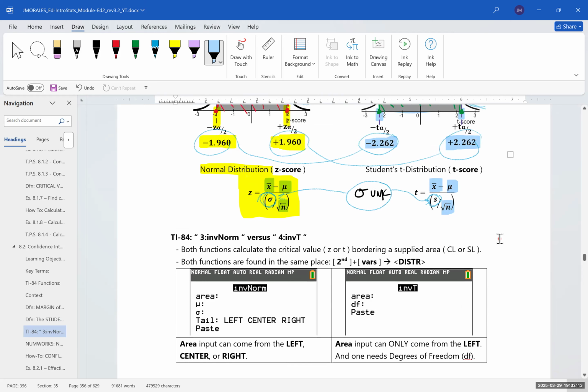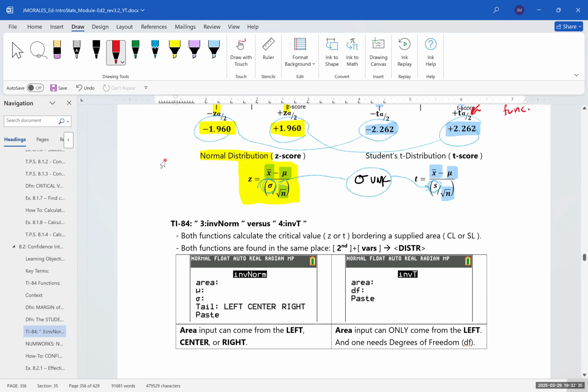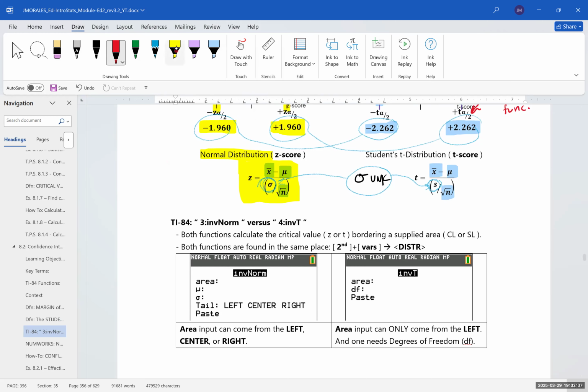And just like before, when we're given an area and we want to calculate a value on the number line, we need to use an inverse distribution function. When we were working with the normal distribution, we would use inverse norm.